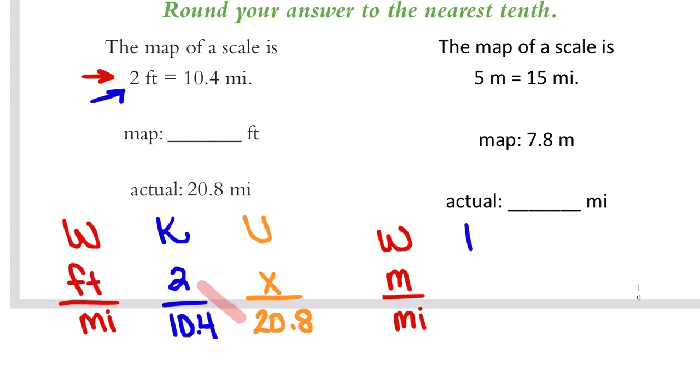Next is the K. What ratio do we know, meters over miles? 5 over 15. And the U is the unknown. So I know one number and the other part gets the variable. My other number is 7.8. Where does it go? 7.8 on top. You're looking for the bottom.